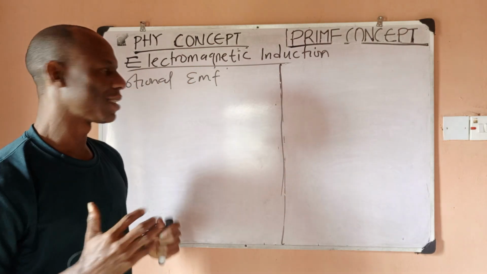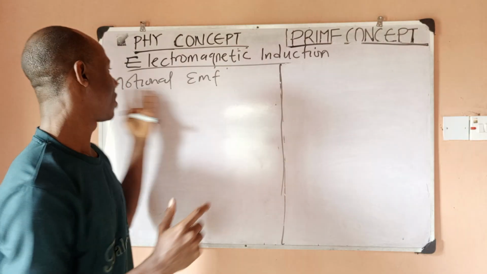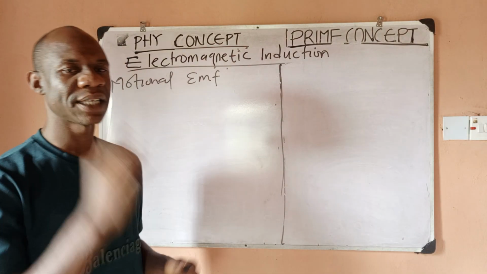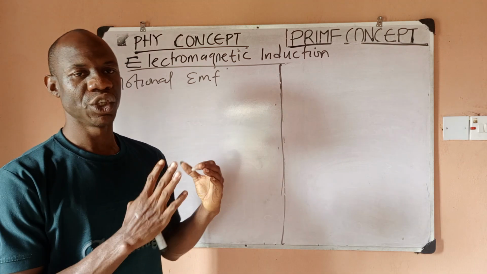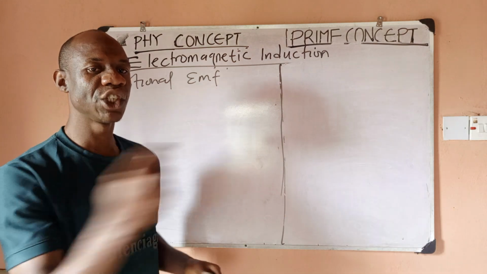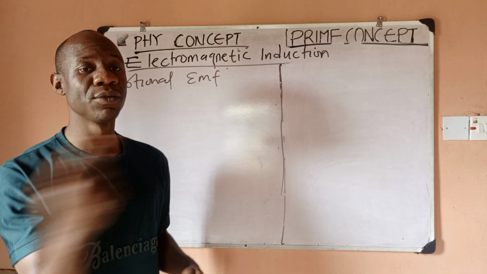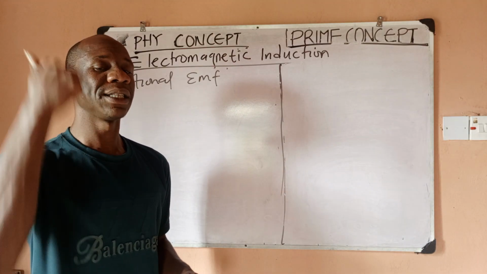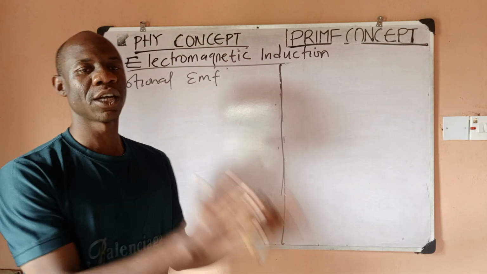Now, what is Faraday's idea? Let me quickly recap so that you can understand the difference with motional EMF. Faraday's law talks about EMF being induced whenever there is a changing magnetic field. So if you are moving a magnet and changing the magnetic field, then you can induce EMF in a conductor.